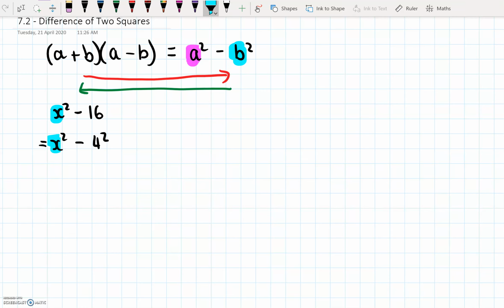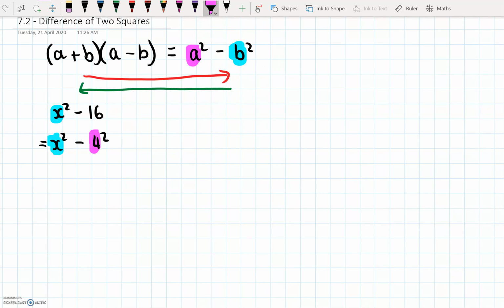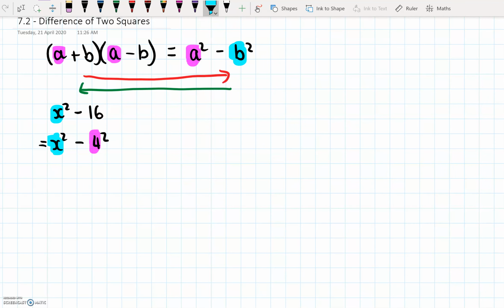Now we have one square minus another square. You can see back up the top here, a went here and here, and the second square, b, went here and here. We're just going to do the same thing. So this is equal to (x plus 4)(x minus 4). And that's it.